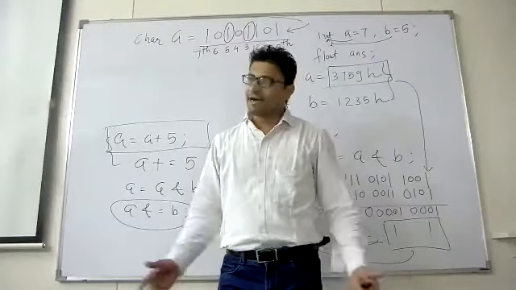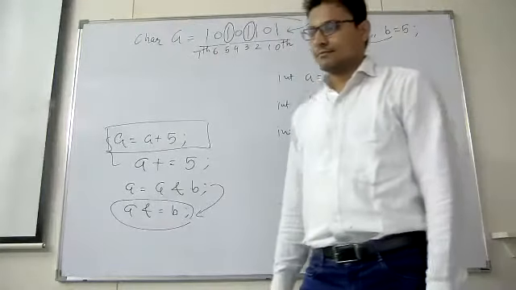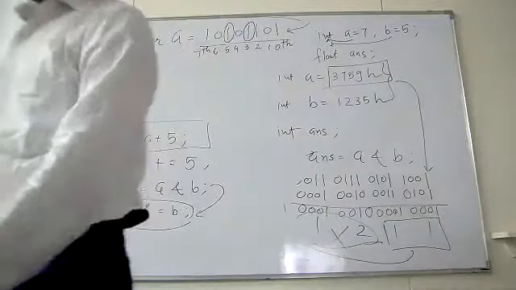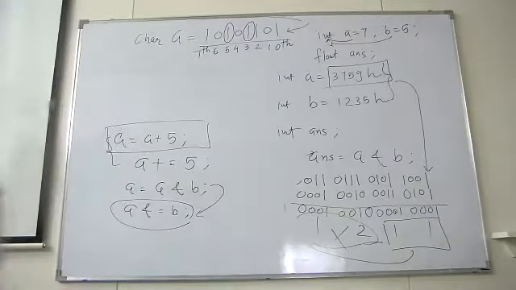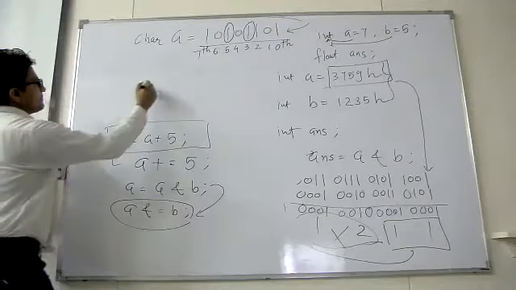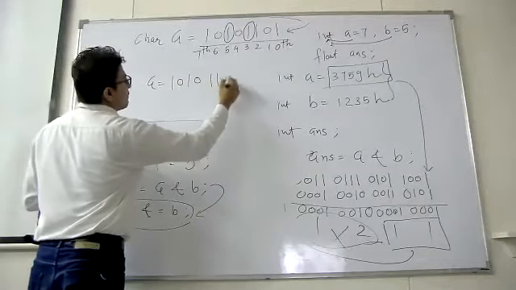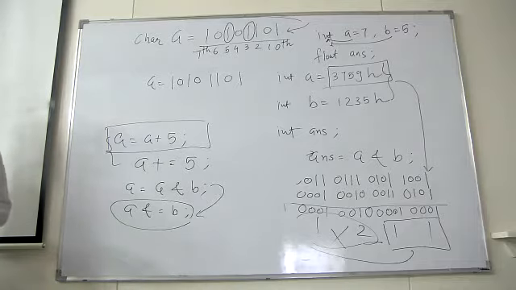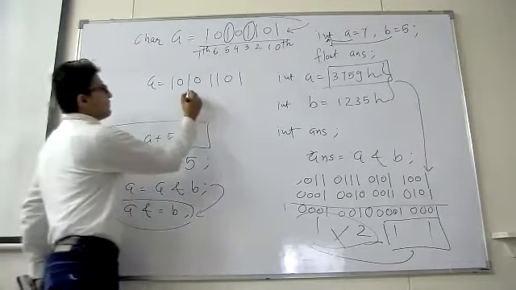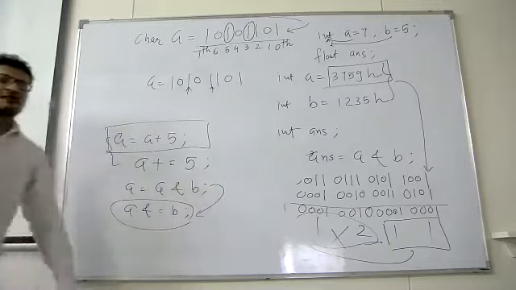AND operation with a mask. We will keep the 3rd and 5th bit 0, and the rest all 1 to keep them the same. So my A is equal to 10101101. I want to make these two bits 0, and the remaining bits should not be affected.